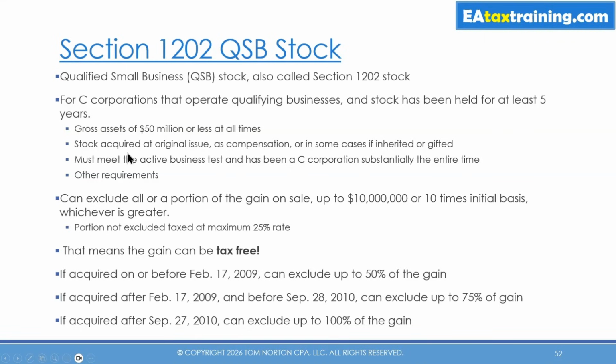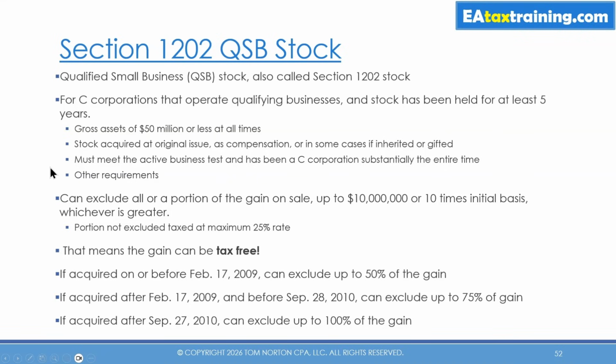The stock has to have been acquired at original issue or as compensation, or sometimes if it was inherited or gifted. So this is basically for the people who founded the company or for employees who got stock in the company as compensation. You must meet the active business test, and it must have been a C corporation substantially the entire time.